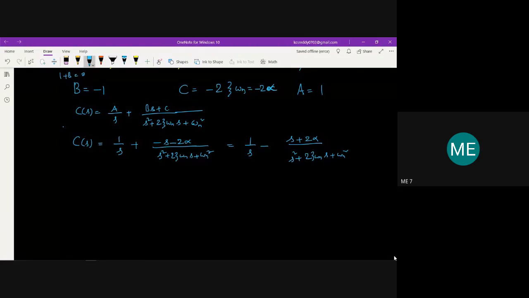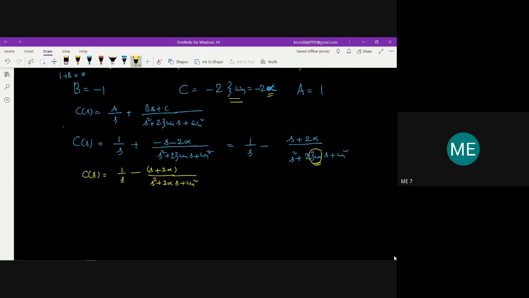Also, in the denominator we have zeta omega n, which we already replaced with alpha. So that also I can replace and write C of s is equal to 1 by s minus s plus 2 alpha divided by s square plus 2 alpha into s plus omega n square.